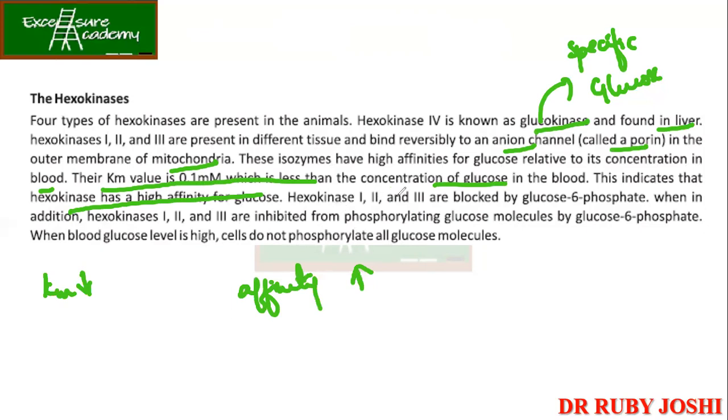So hexokinase 1, 2, 3 are inhibited by glucose 6-phosphate. Pallavi, is this sentence clear, that hexokinases 1, 2, 3 are blocked by glucose 6-phosphate? Is it clear why it is blocking, inhibiting?